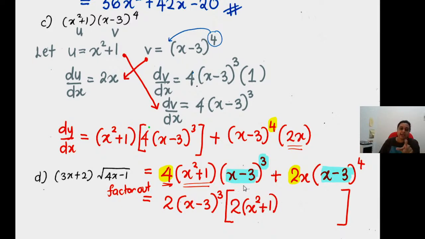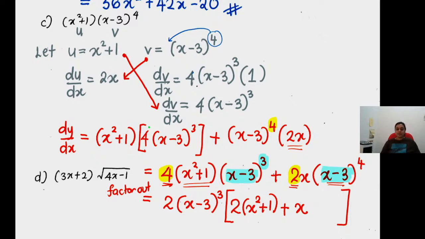Then (x minus 3) cube outside got already, so no need to write back. Plus, here got 2, but outside got 2 already. So no need. You just need the x. Then x minus 3 outside got, but that is only power 3. Here is power 4. So what should I write inside here?